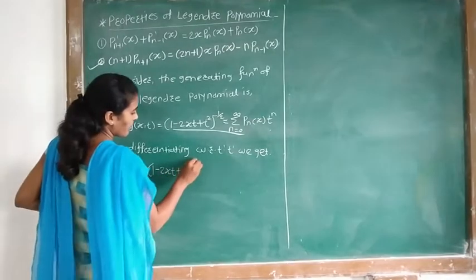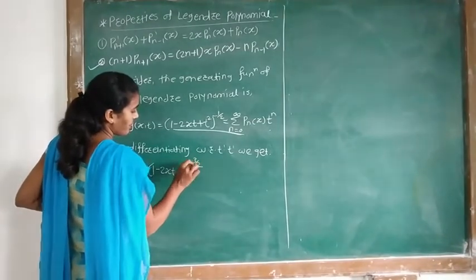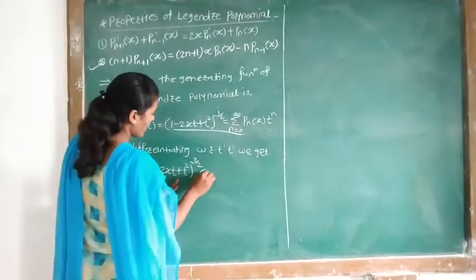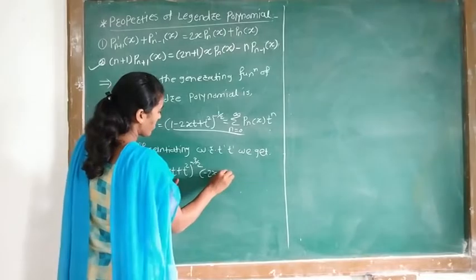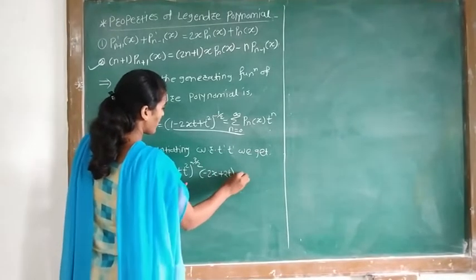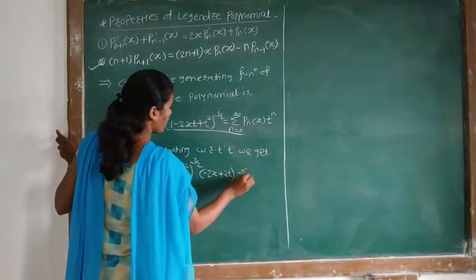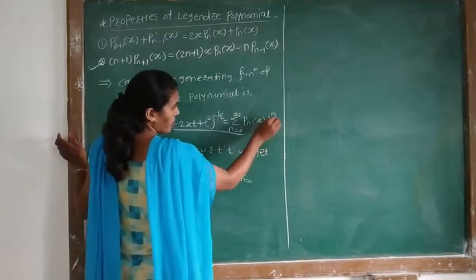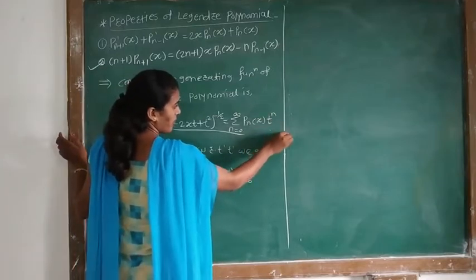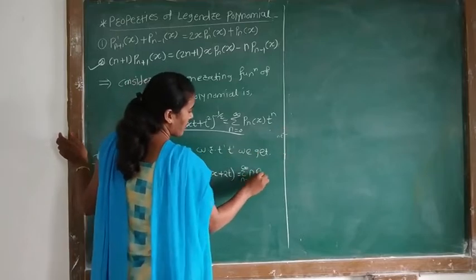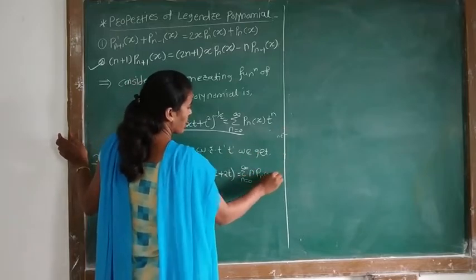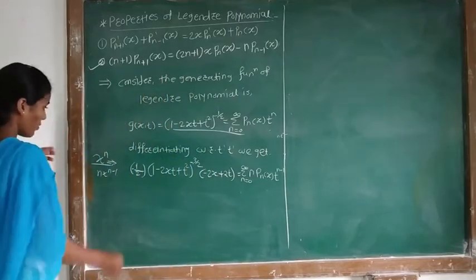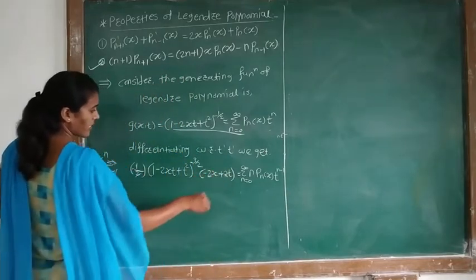minus 1 half minus 1, which is minus 3 half, into, again the derivative of 1 minus 2xt plus t square, which is minus 2x plus 2t, is equal to summation over n is equal to 0 to infinity n Pn of x t raised to n minus 1. Now, this 2 gets cancelled here.